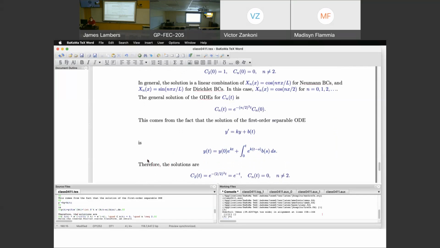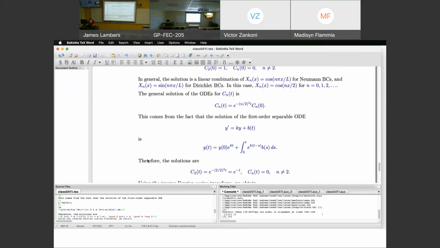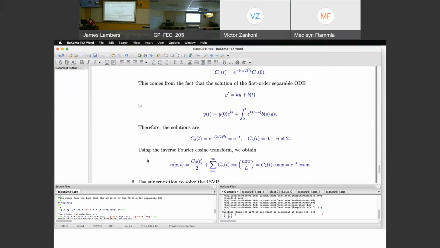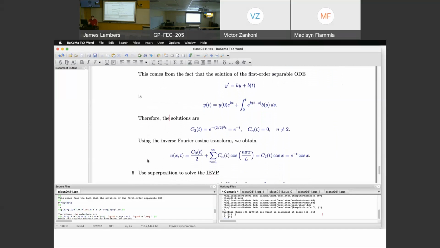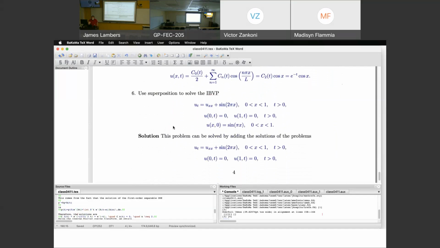Does that cover it? Okay. All right. Superposition, really you're breaking down the problem so the source term goes into one of the problems, and the initial data goes into a different problem. You solve the two separately, and you can add the solutions together.